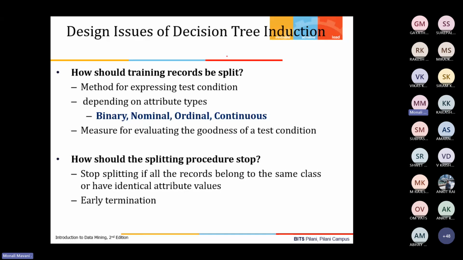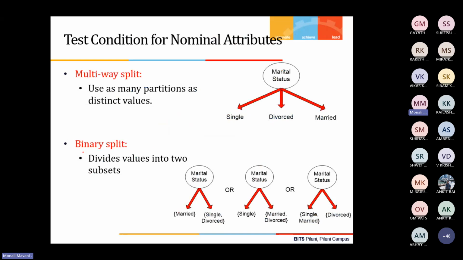So how should the training records be split? First we have to identify the attributes and the splitting criteria. Till now I had explained binary split.